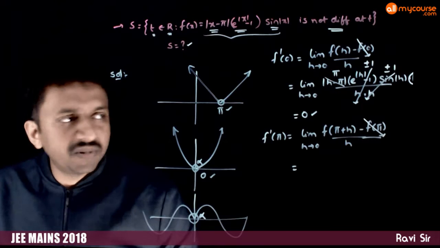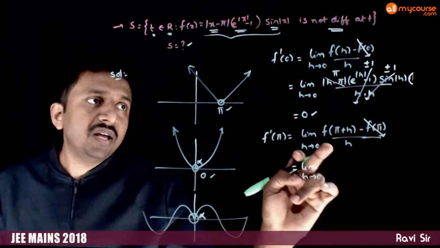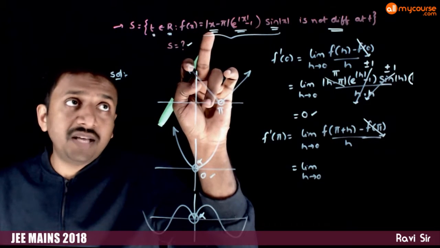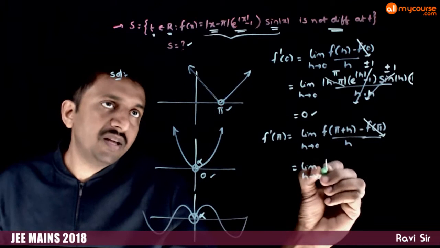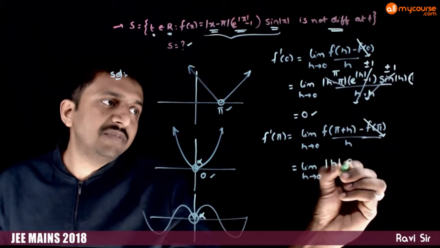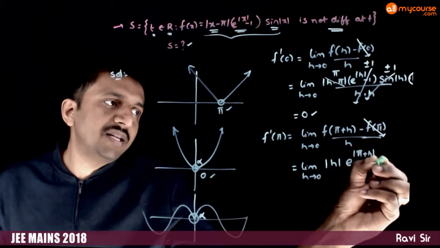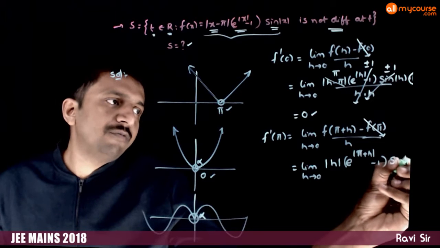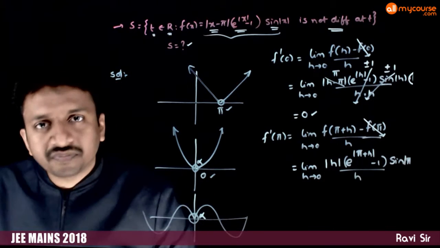So the limit as h tends to 0 of f(pi + h): if you put pi + h in the place of x, you get |pi + h - pi| times e^(|pi + h| - 1) times sin|pi + h|, divided by h.